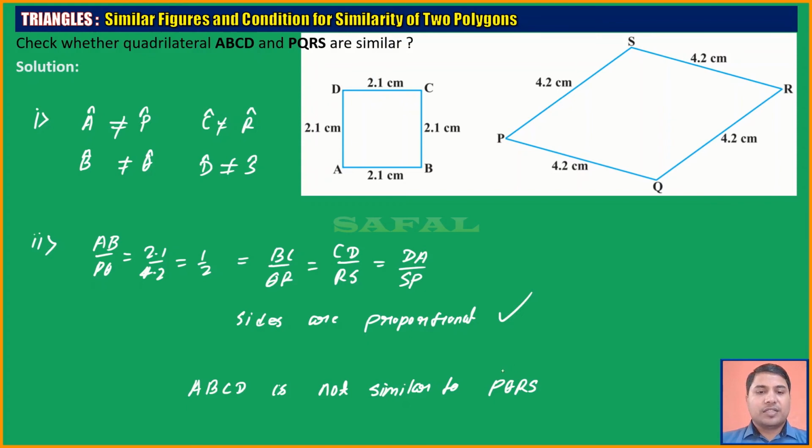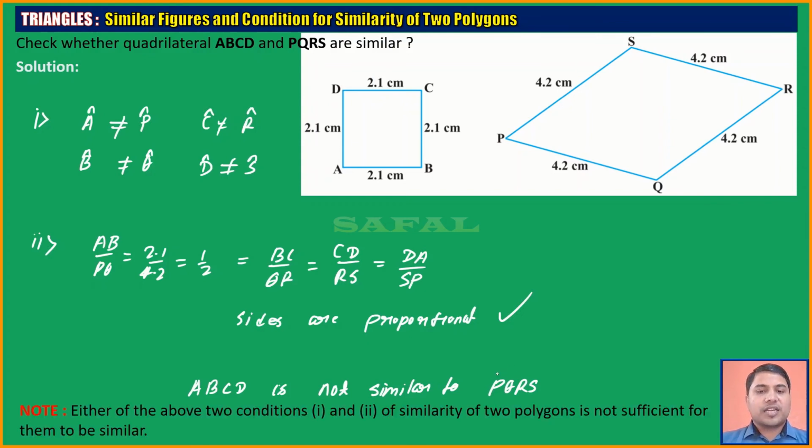So you can note here that both the conditions are necessary for the two polygons to be similar. Only one condition is not sufficient. So that's what I have provided as a note: either of the above two conditions, 1 and 2, of similarity of two polygons is not sufficient. Very important. Both the conditions should get satisfied for similarity.